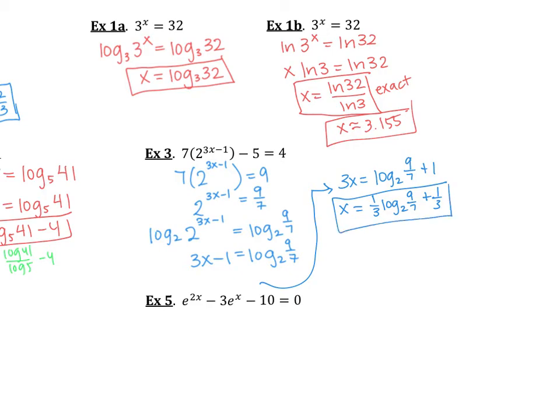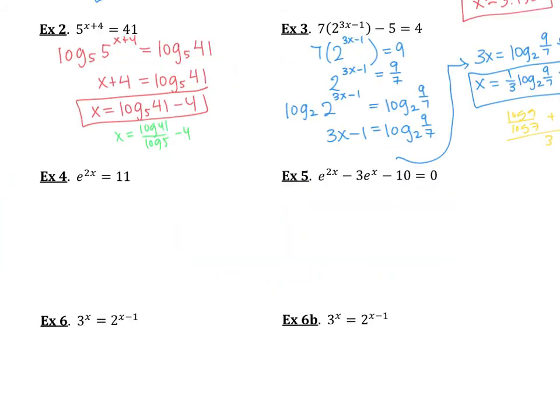This is a possible answer. Some people like to separate out the log base 2 of 9 over 7 and make it log base 2 of 9 minus log base 2 of 7 or something like that. That's fine. If you did common log, then you might have log 9 over log 7 plus 1 over 3. There's multiple representations. Again, I will take any representation that is reasonably simplified and is correct.